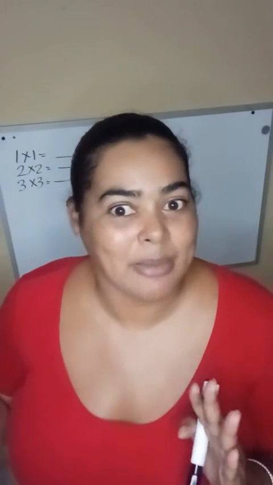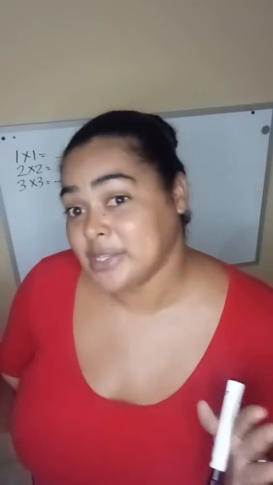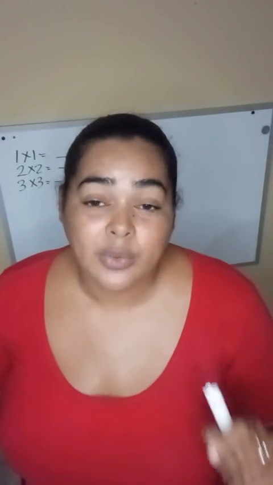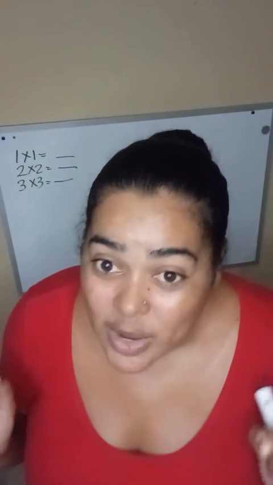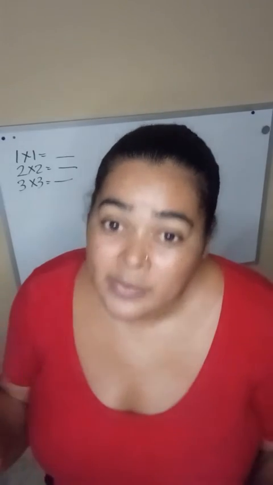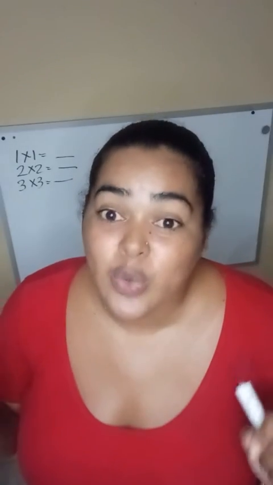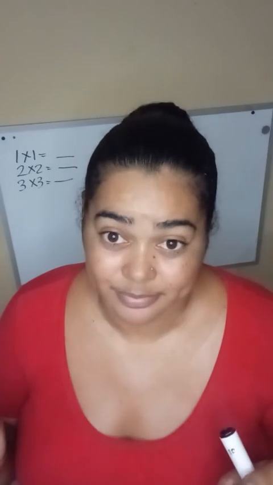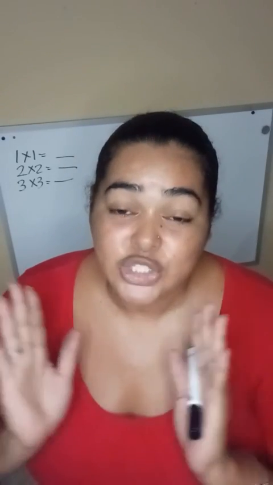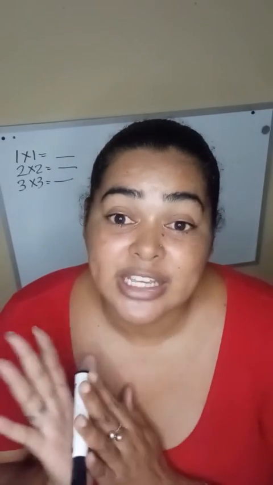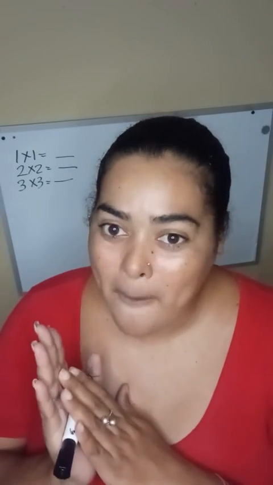Don't leave that blank like myself. Okay? 3 times 3 is, 4 times 4 is, all the way to 12. And when is the deadline? Thursday at 12 o'clock in the afternoon. Okay? So that, and you will be getting your extra 5 points.